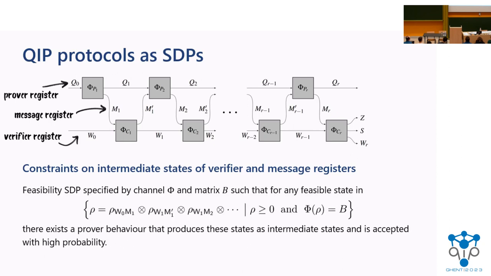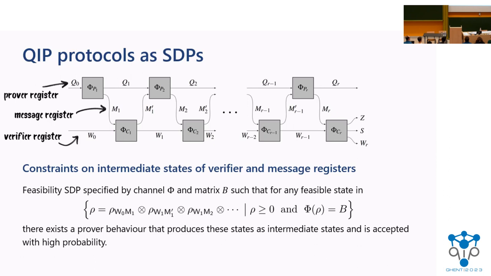So what this means is you can combine all of these constraints into one big feasibility SDP, which just means you have some channel and some matrix. You get this from direct summing the ones on the previous slide, such that if you have any feasible state in this feasibility SDP, so any state rho that is a tensor product of these reduced intermediate states, such that phi of rho equals this matrix B, then there exists a prover behavior that actually produces these states as intermediate states.